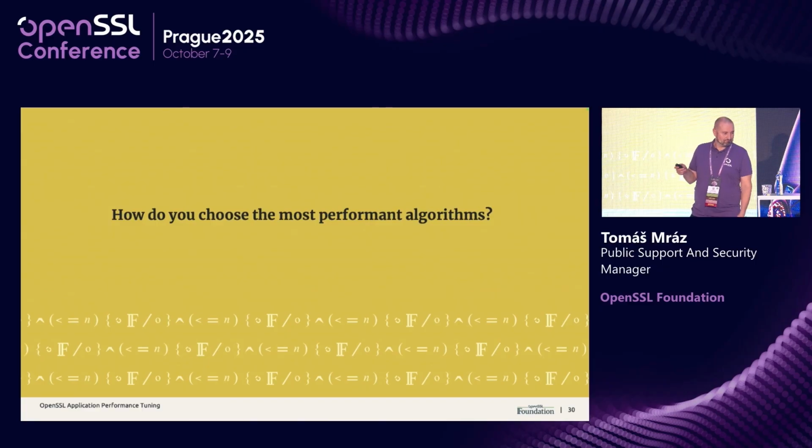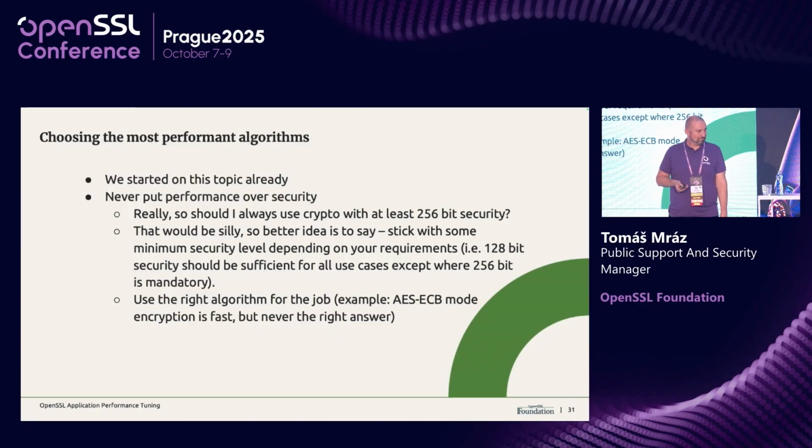How do you choose the most performant algorithms? What can help you? I would like to first say you should never put performance over security, but what does that actually mean? Should I always use crypto with at least 256 bits of security? Most likely 128 bits is good enough for me.